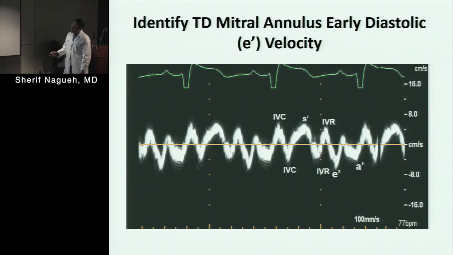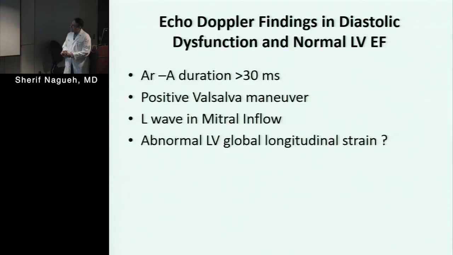Also, when you analyze these signals, you need to identify early diastolic velocity from isovolumic relaxation time velocity. These are biphasic signals during the isovolumic relaxation time and during the isovolumic contraction time. Not uncommon in patients with conduction diseases.